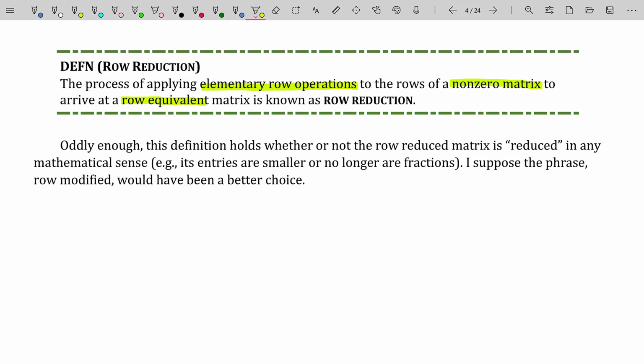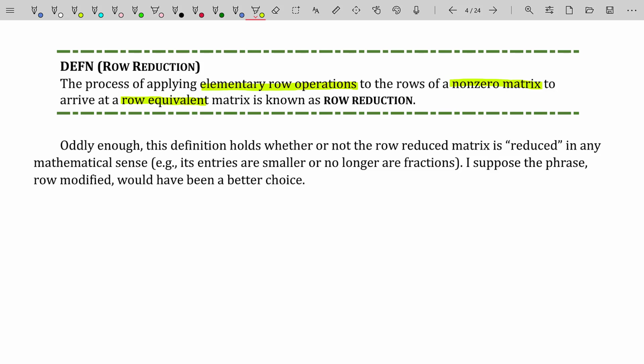Before I read the next paragraph, I just want to remind you of the elementary row operations we learned in a previous video. There are three of them, and they're the ones that say that the solutions to a linear system are invariant under these three row operations. You can swap rows, which is called interchanging rows in the text that I use.